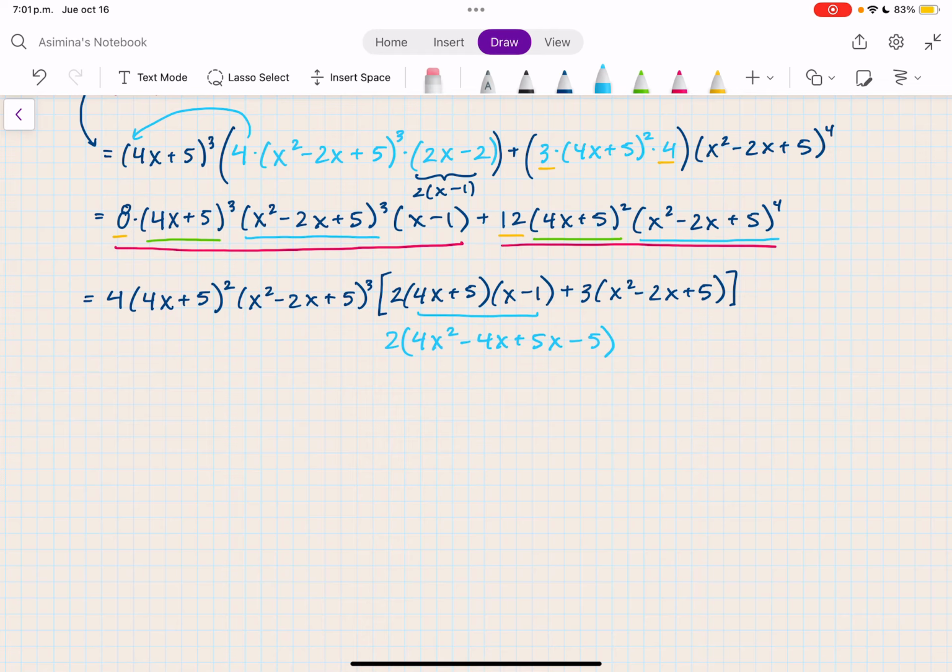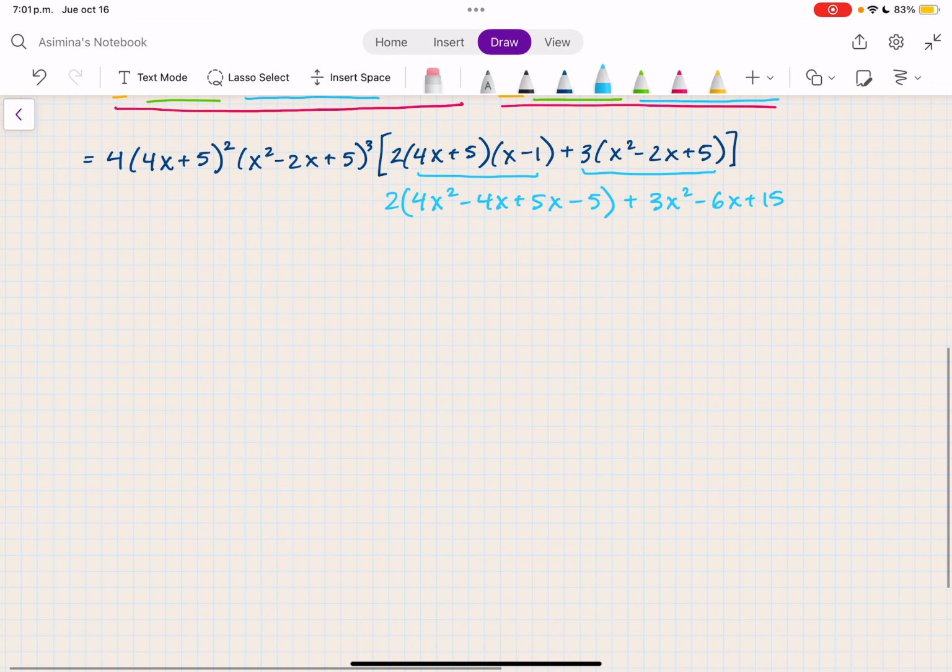We have 2 times that plus, now this part, which is 3x squared minus 6x plus 15. Okay, so this becomes 8x squared minus, well, we have minus 4x plus 5x, that's just x. So 2 times x minus 10 plus 3x squared minus 6x plus 15.